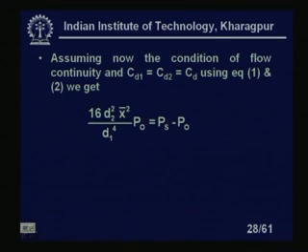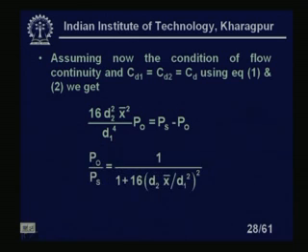Then if I combine equations 1 and 2, we will get 16 d2 square x bar square by d1 to the power 4 equal to PO upon PS minus PO. Let us look at how I got this.